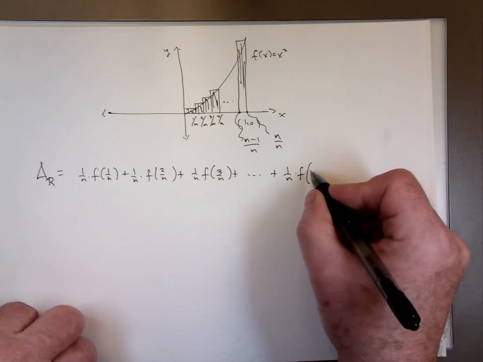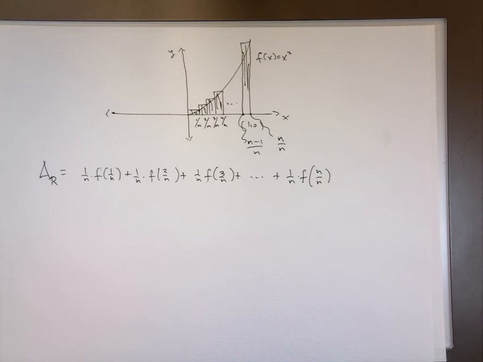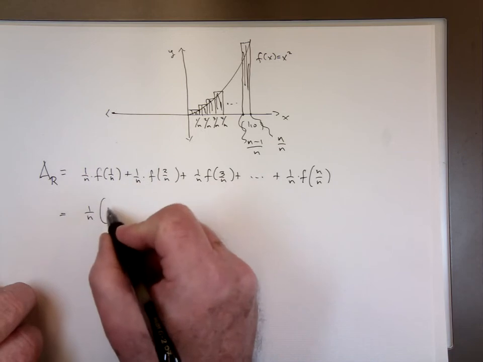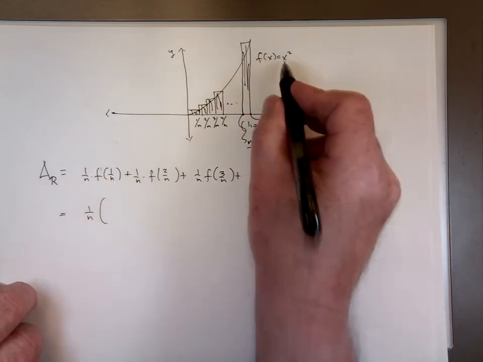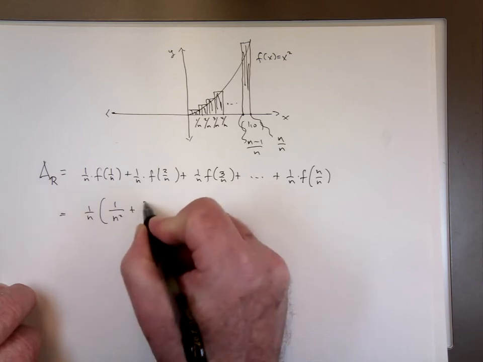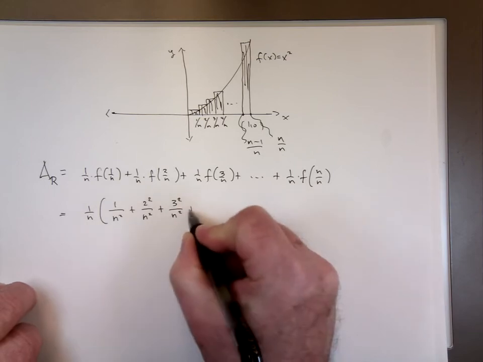The difference between the two is this. The first one, we started with the 0 and end up with the n minus 1. This one shifted over 1 unit. We start with the 1 and end with the n. That's the difference in the two. So that's equal to 1 over n times 1 squared over n squared, 2 squared over n squared, 3 squared over n squared, up to n squared over n squared.